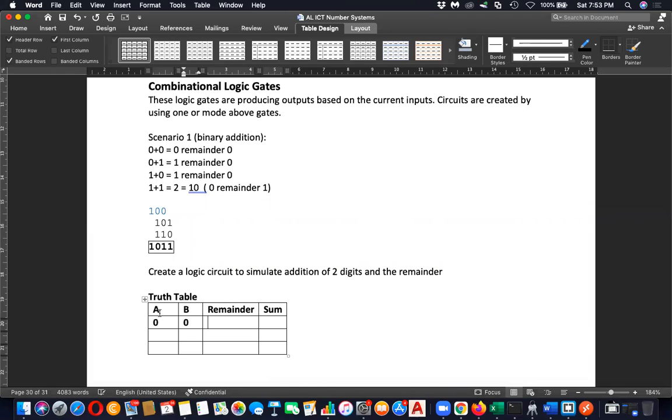If A and B both are 0, what is the sum? Sum is 0. Remainder is also 0. If A 0, B 1, sum is 1 and remainder is 0. A 1, B 0, sum is 1, remainder is again 0. And the last one, A 1, B also 1, then sum is 0 with a remainder of 1. This is how you do the calculation. This is the output part.